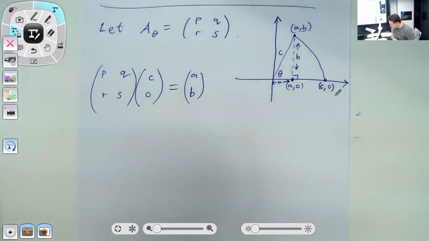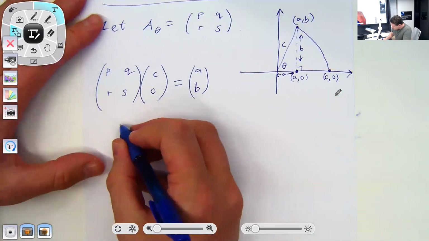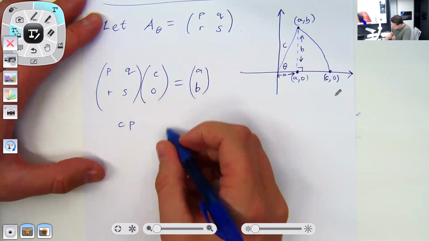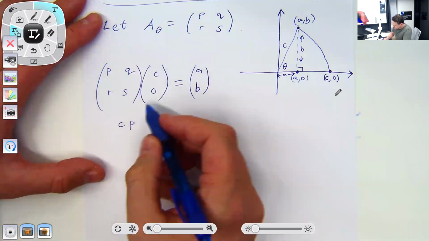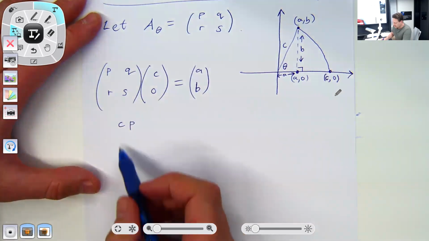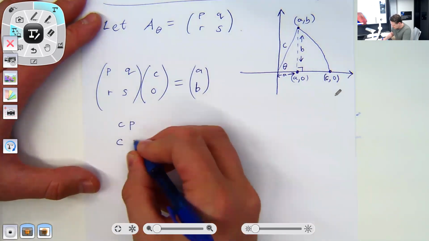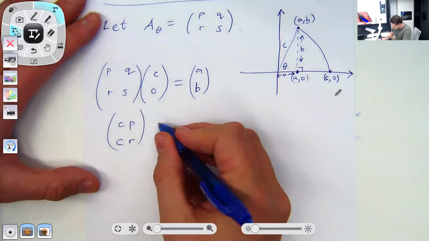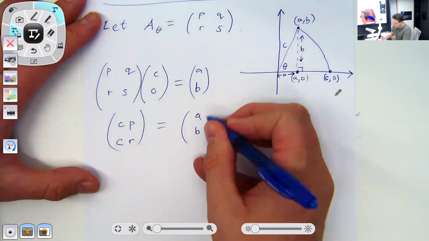I'm just leaving those arbitrary for now. So let's multiply this matrix product. On the left I have CP and then Q times 0. That's the top row. Now the bottom row is CR.